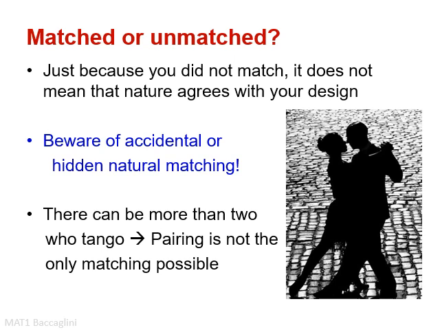And just because you didn't match, it doesn't mean that nature agrees with your design. You could have hidden natural matching. And also keep in mind that pairing is not the only matching possible. One of the earlier mistakes I made was when I was working on gene therapy using rats, and I was injecting both the right and left salivary glands.